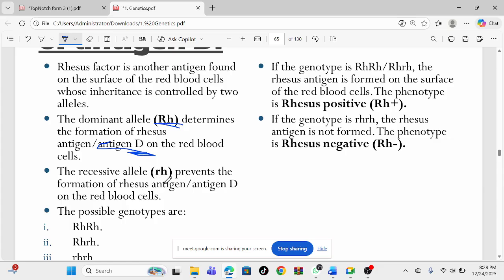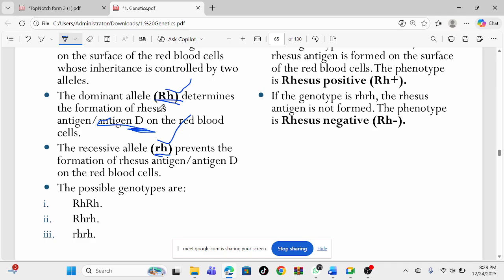So the recessive allele contains rh, meaning rh is shown as small r. If the dominant is capital R, the recessive is small. I told you that dominant is always presented as a capital letter, while recessive is presented as a small letter.